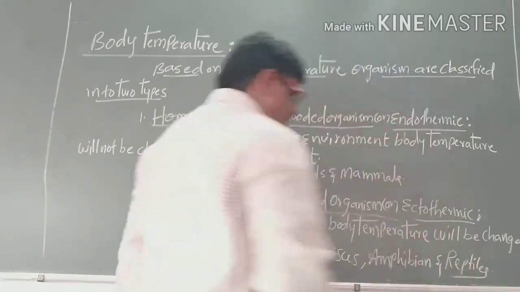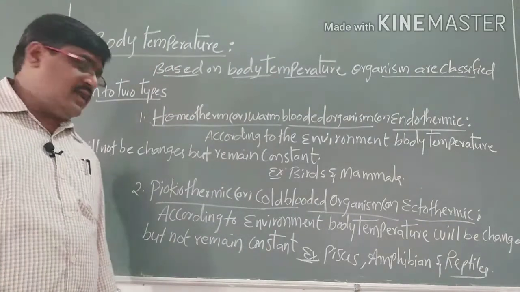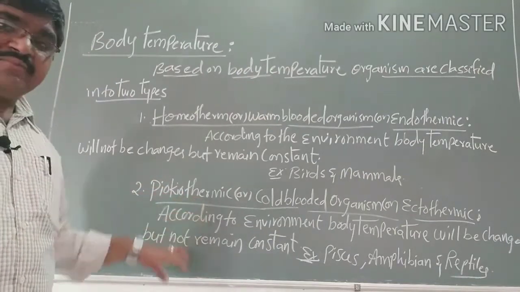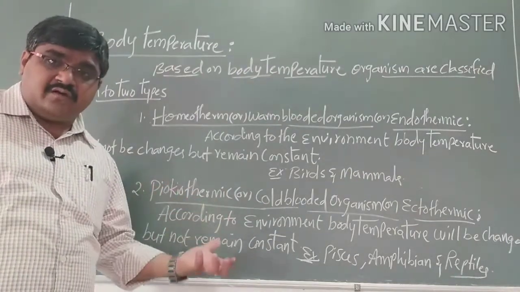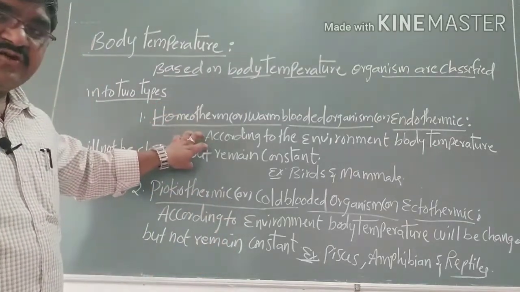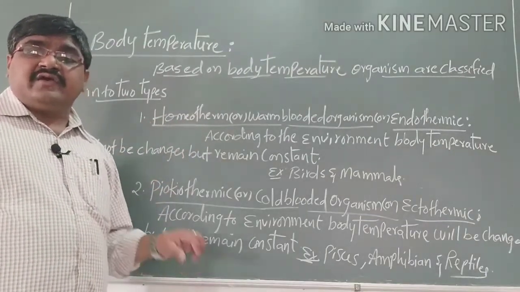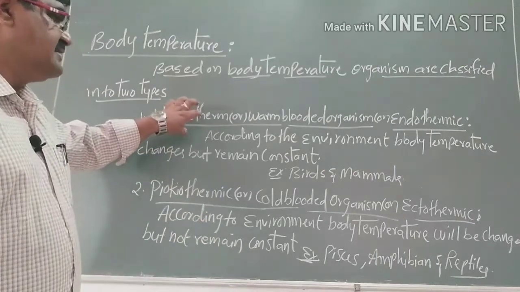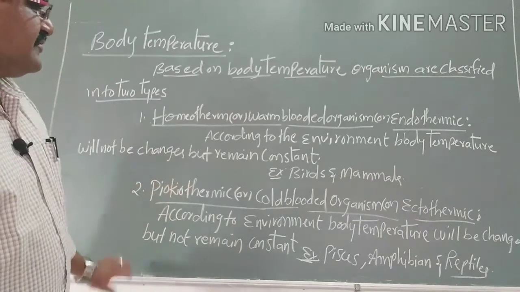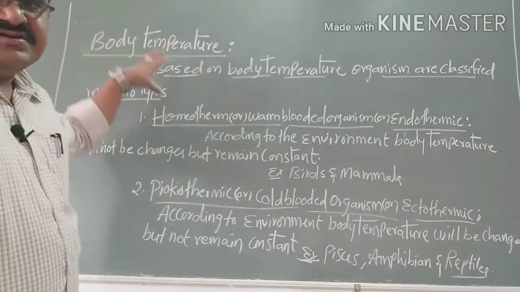These are examples of poikilotherms, or cold-blooded, or ectotherms. Here the body temperature changes according to the environment. And in homeotherms, the body temperature remains constant and does not change according to the environment. So these are the two types of organisms based on body temperature.